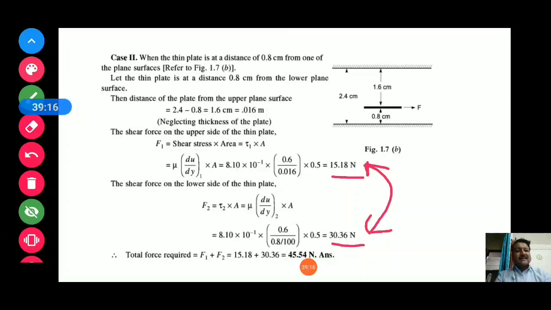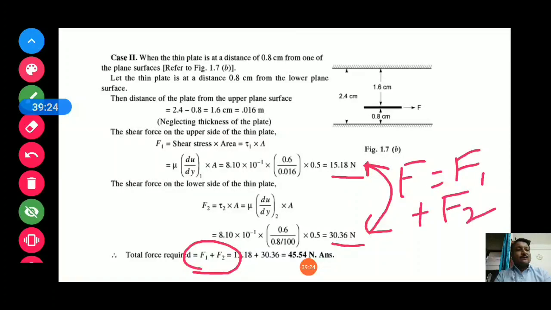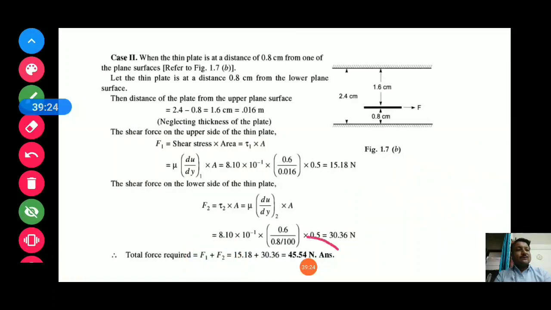So finally you can get the total force required, F is equal to F1 plus F2, and you are getting the answer as 45.54 Newton.